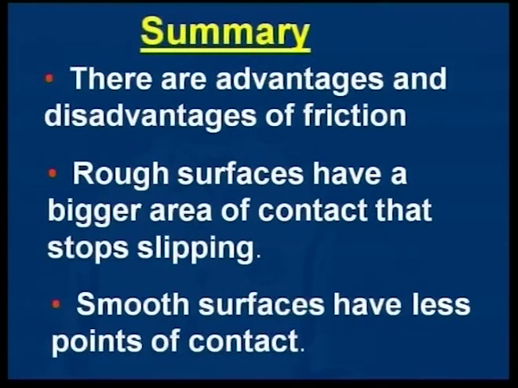The less area of contact, that's where we have smooth surfaces. For example, if you are walking and the ground is smooth, because you have little contact with the mud, you will slip.